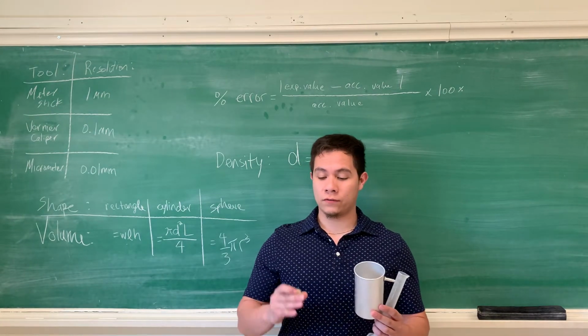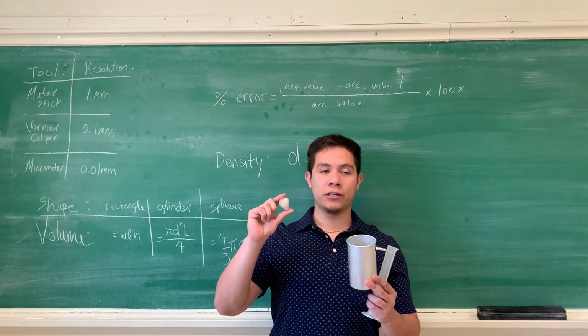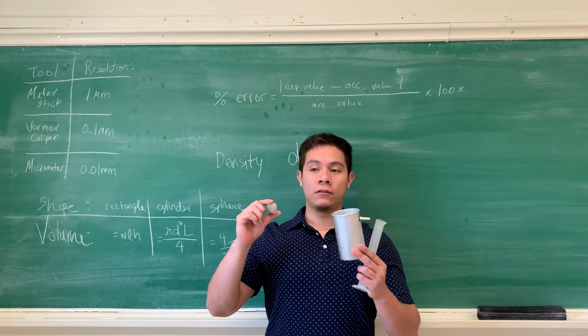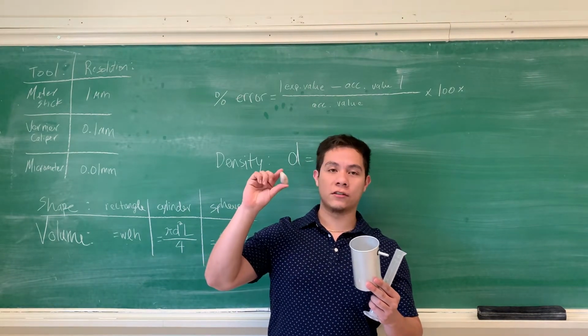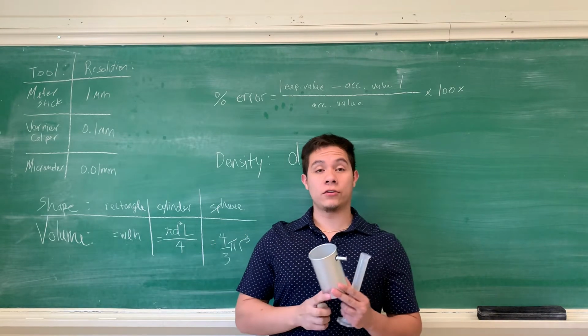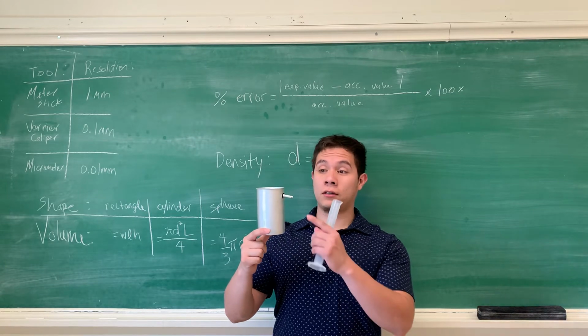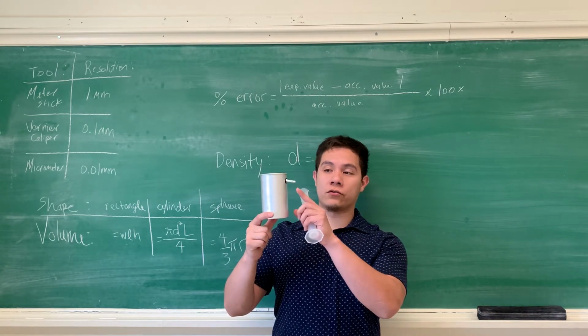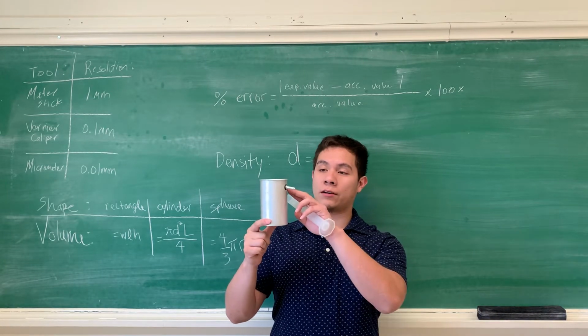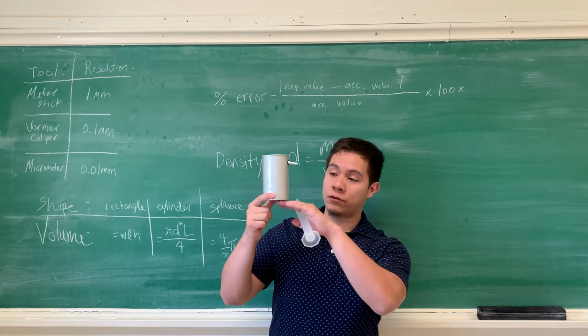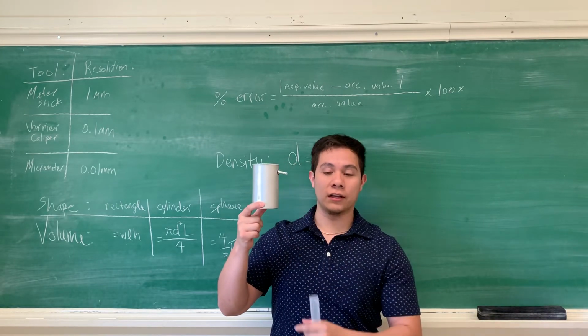For this rock, you want to use volume displacement to find the volume, because you obviously can't measure the dimensions of this rock. To do that, we fill this metal container all the way until the water starts dripping from this nozzle. You also want to make sure the container is on a level surface.